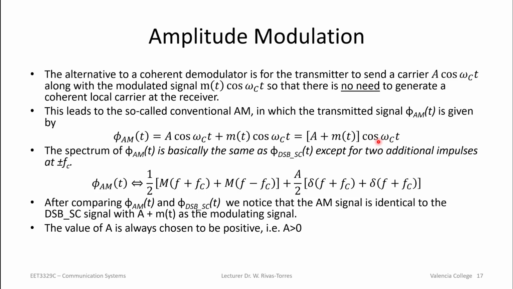So essentially we're still kind of sending the double sideband suppressed carrier, because if you look at the Fourier transform of what I just showed you in this equation, down here, the first half is the same thing, but then you have the two, oh, well, this one should have been a minus. I'm sorry for my typo.